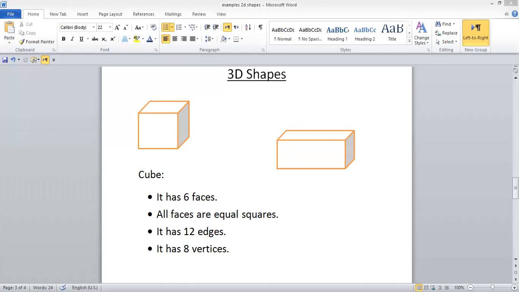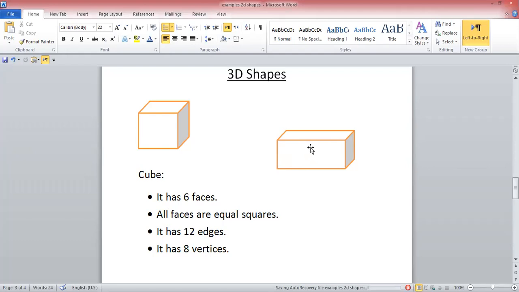They have the same number of faces: a cube has 6 faces, so a cuboid also has 6 faces, the same edges and the same vertices, but a cuboid has rectangular faces. Mostly a cuboid has rectangular faces. If you look, this face is rectangular, this face is also rectangular, this one is also rectangular.